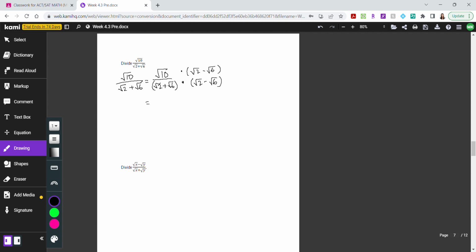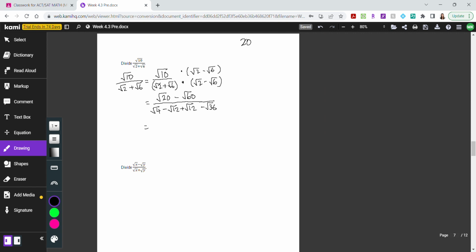From here, we are going to get square root 20 minus square root 60 divided by square root 4 minus square root 12 plus square root 12 minus square root 36. And now let's break it down as much as we can. Let's see, I know these two can be simplified further, so let's do the tree diagram.